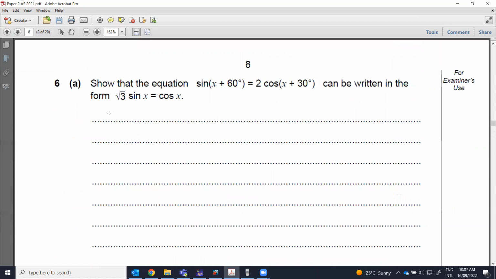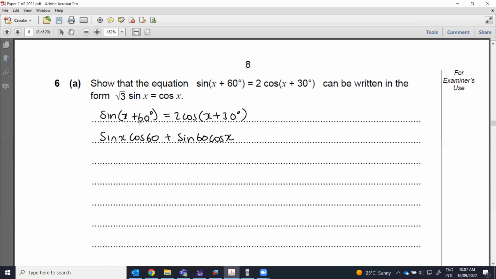So I have sine of x plus 60 degrees. This is equal to 2 cos of x plus 30 degrees. So the sine rule is sine of x times cos of 60 plus sine of 60 times cos of x.